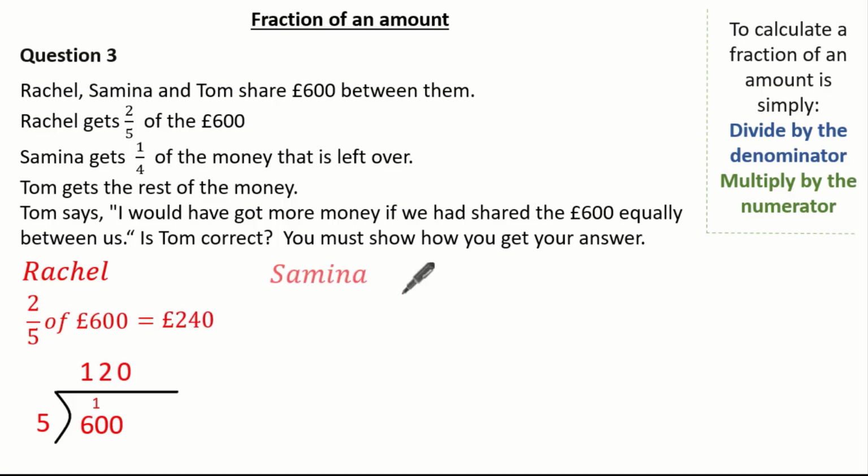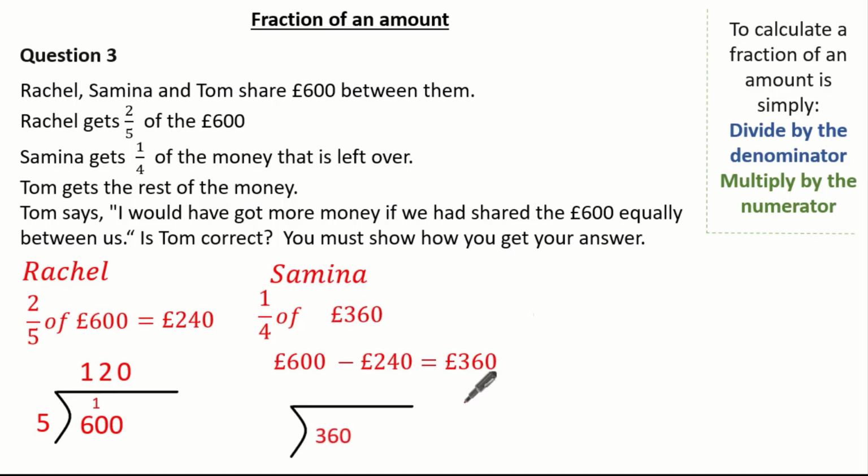Now we know Samina gets 1/4 of what was left over. So we know, well, £600 was the original amount of money. Take off what Rachel got, which is our 240, means this is the remaining amount of money. So we need to find 1/4 of £360. So let's work it out.